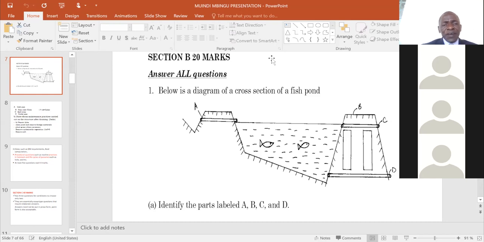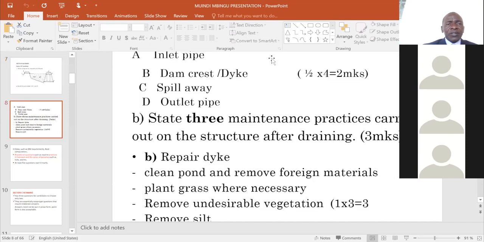Now, identify the parts labeled A, B, C, and D. Now, those parts are an inlet pipe, and it is important to say inlet pipe. Don't say inlet alone.